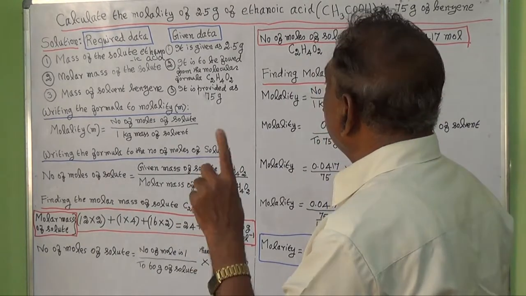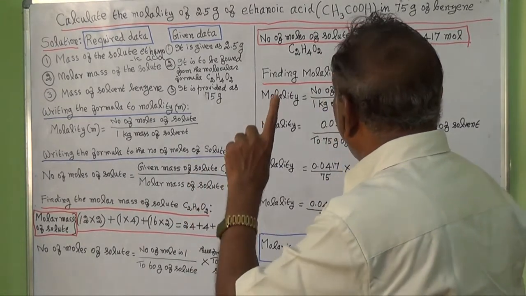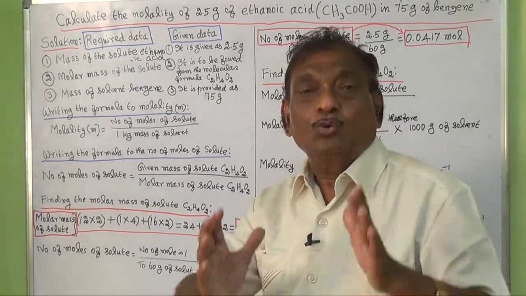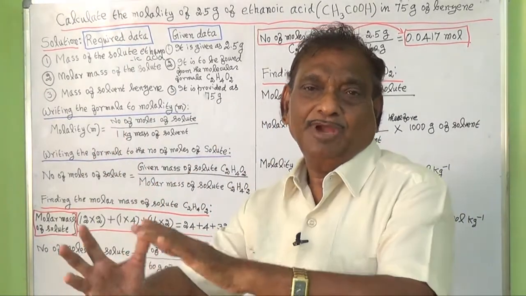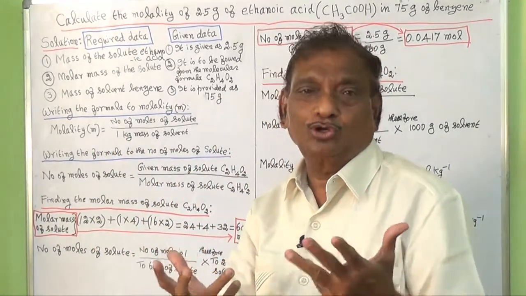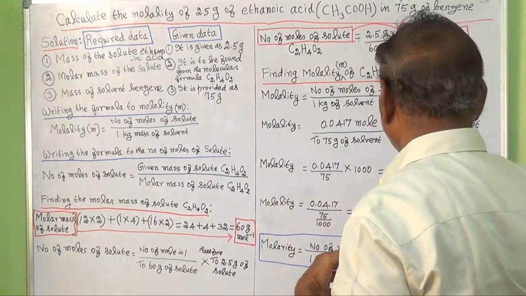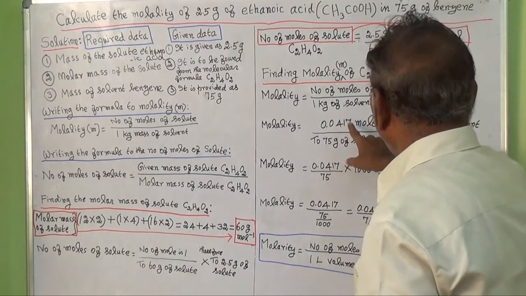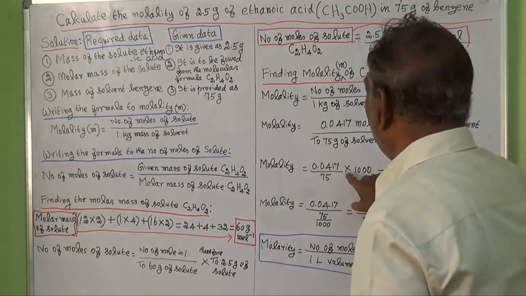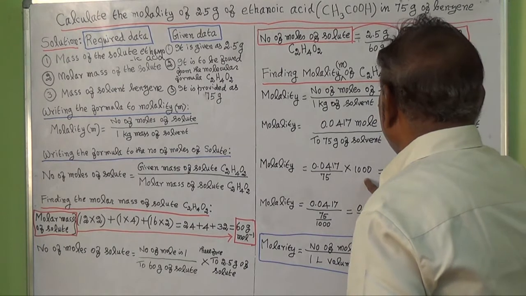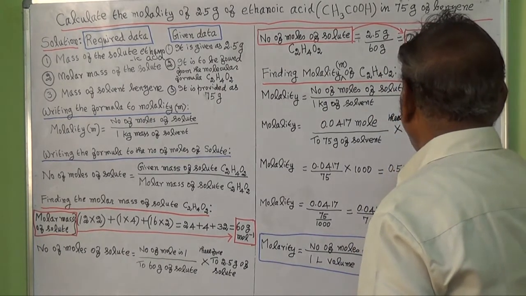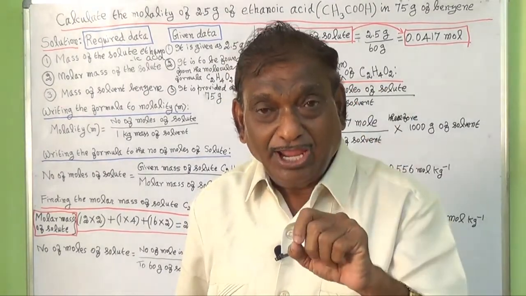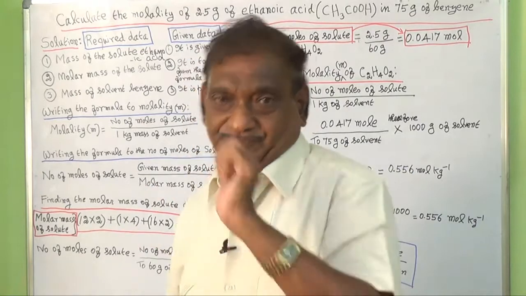Because in the sum, the mass of the solvent is given in gram, so we are converting 1 kilogram into 1000 gram, because we know that 1 kilogram equals 1000 gram. Then molality equals 0.0417 by 75 into 1000, that is 0.556 mole per kg.